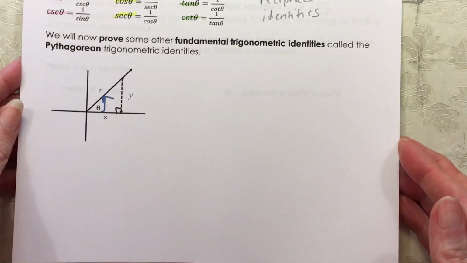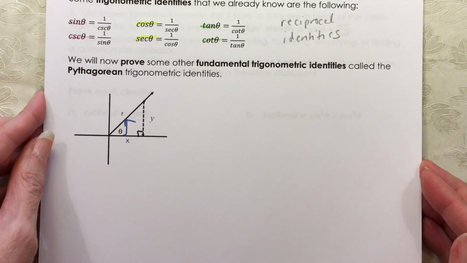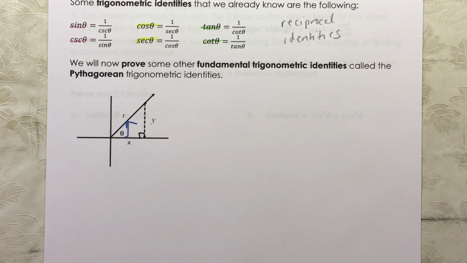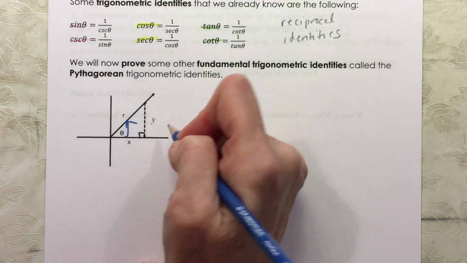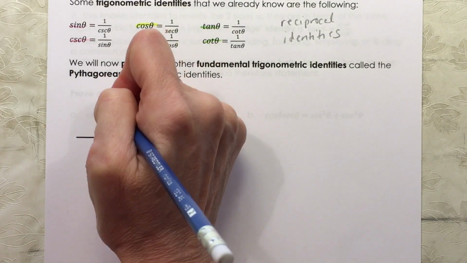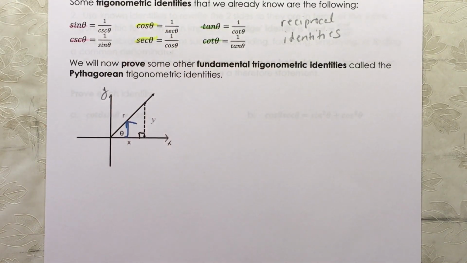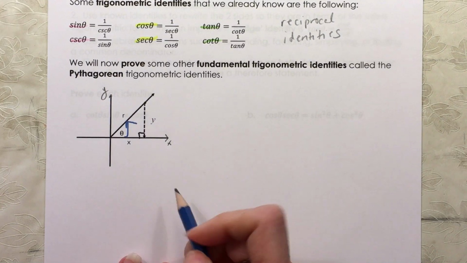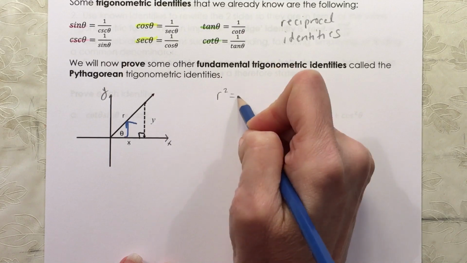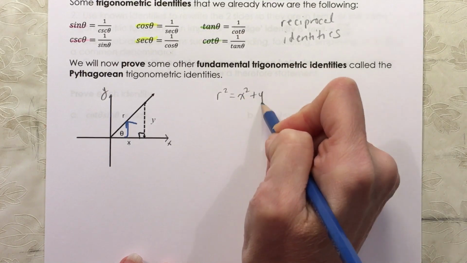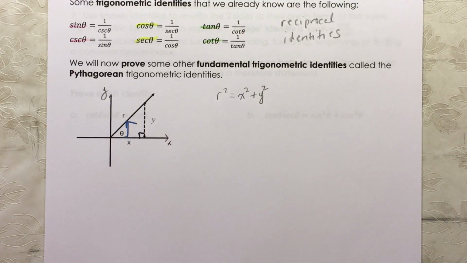We're going to prove some more fundamental identities here, and these ones are called the Pythagorean trigonometric identities. So they start with an angle that just happens to be in the first quadrant, the easiest one, in standard position. We know that r, x, and y are related using the Pythagorean theorem because it's a right angle triangle.